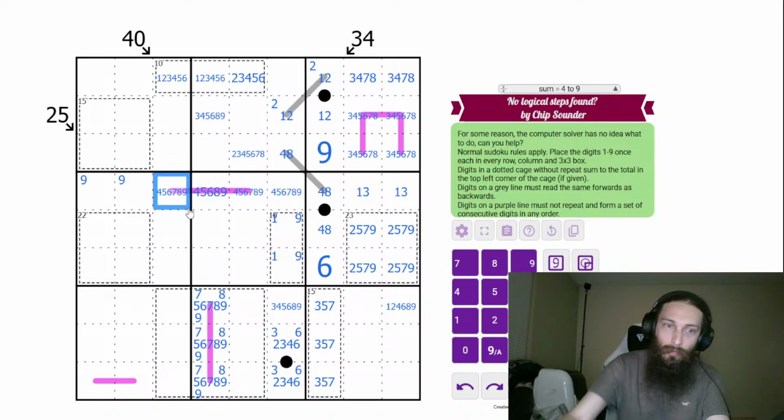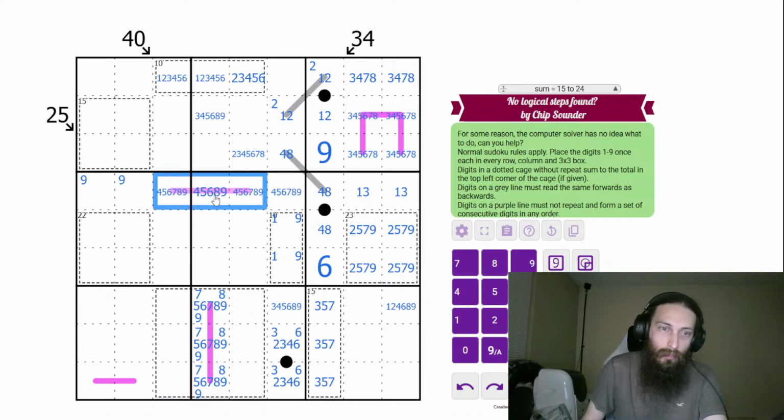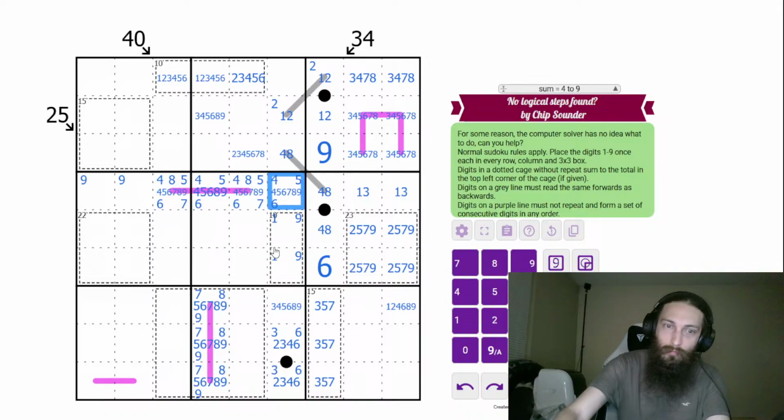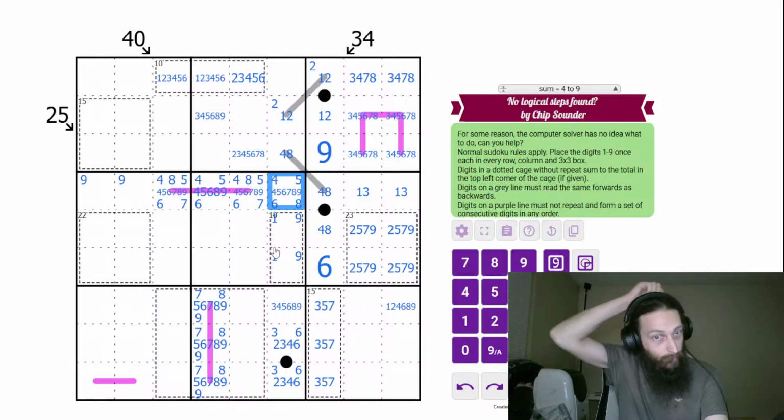So the 9 gets removed from here because these are now 4, 5, 6, 7, 8. But this one isn't 7 or 8. And a 7 is a requirement. 9 and 7 get removed.